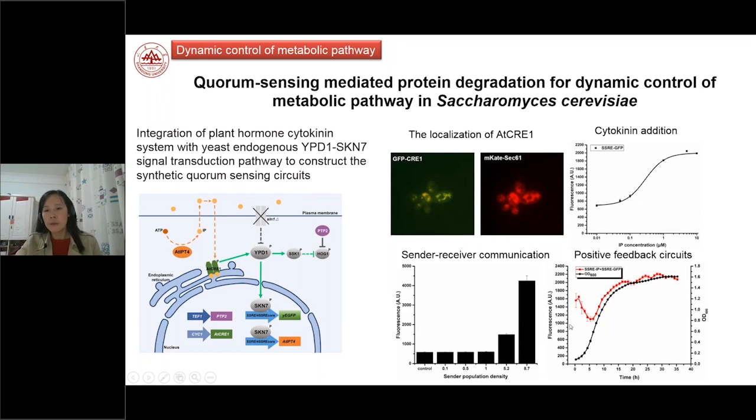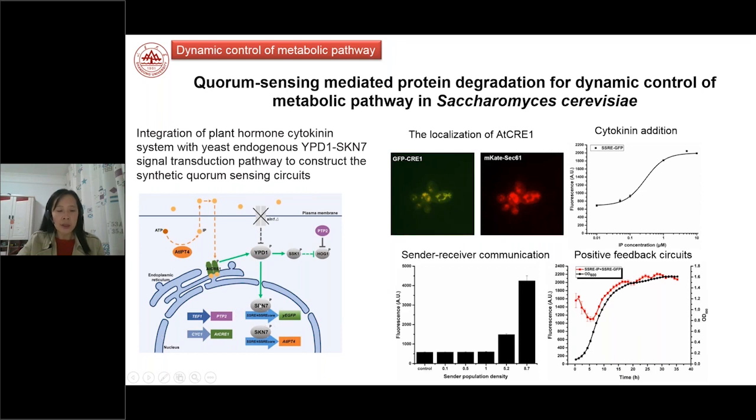However, we also found there's a very high basal expression level of this system, and the dynamic output range is also not very good. So we wanted to optimize this system. We used protein engineering to do the optimization.